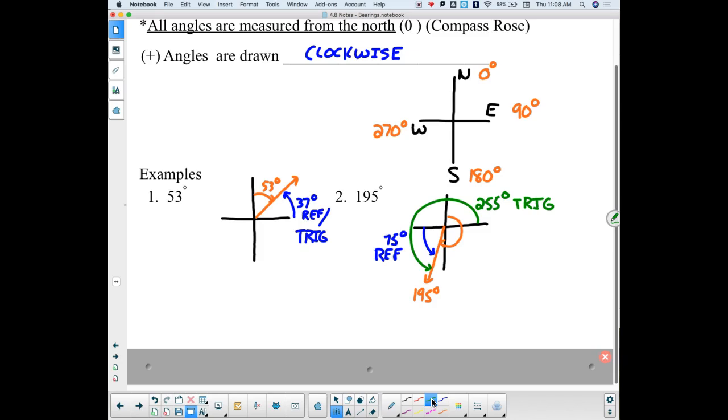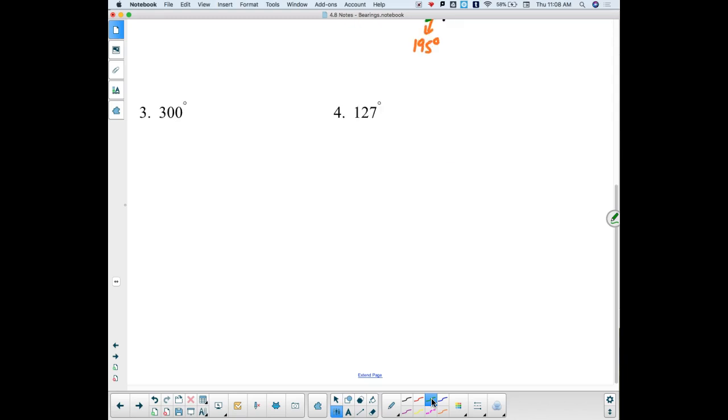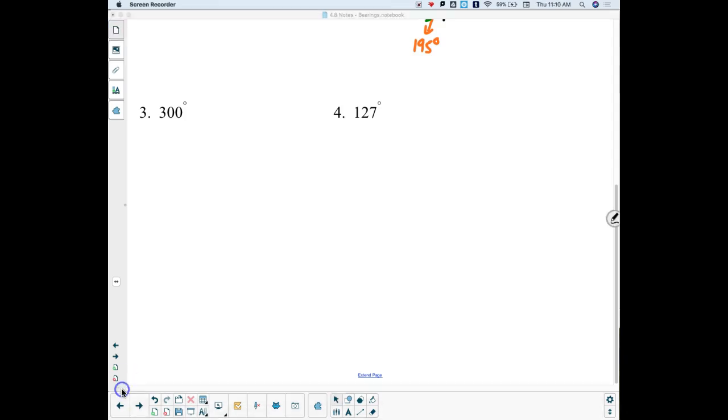Find me where the navigation angle is, what the reference angle is, and what the trig angle is for those two.